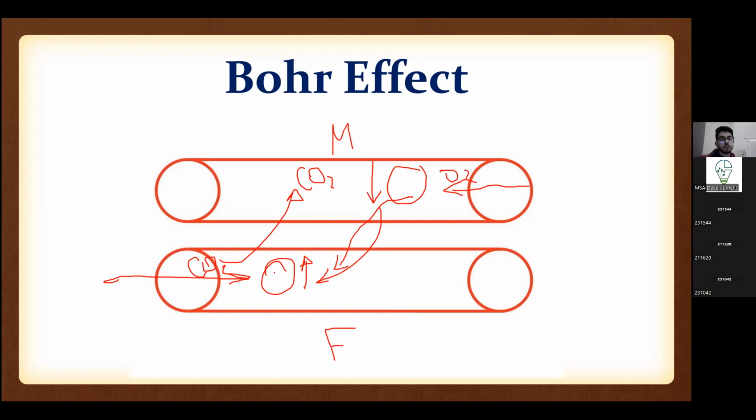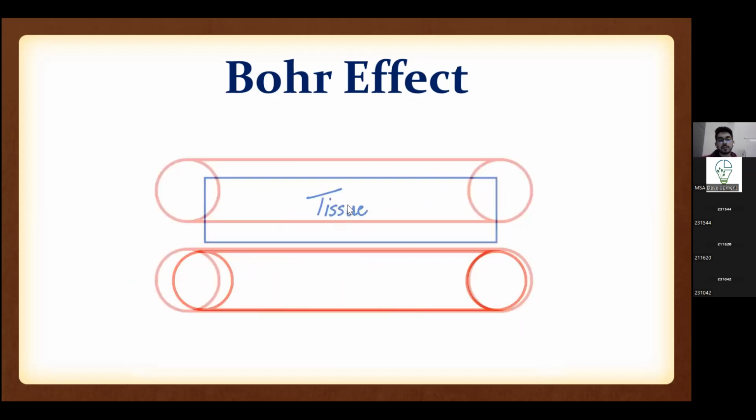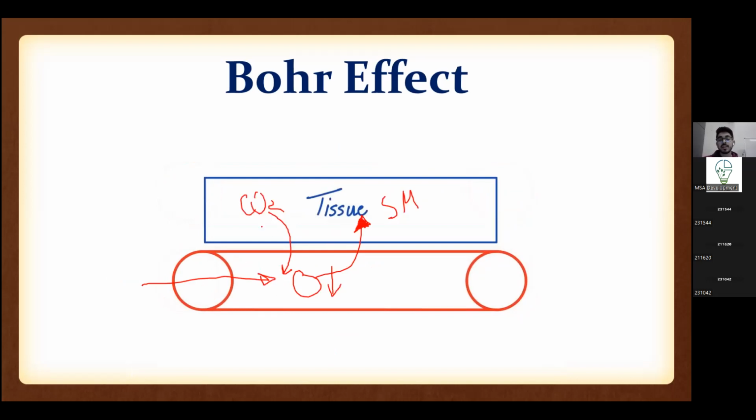So you can think of the fetus as the blood in the alveoli that wants to give out CO2 and take O2, and you can think of the maternal blood as the blood of the tissue that is taking CO2 from the baby and giving out O2 in exchange for it.